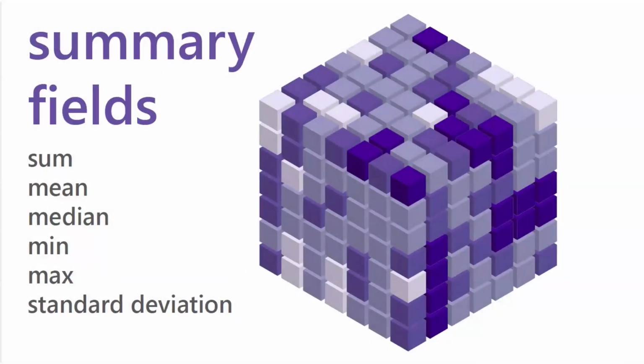Some of the summaries you can make using space-time cubes are you can sum up information together, you can come up with the average, the most likely occurring number of events, minimum, maximum values, as well as standard deviation. All of those are different ways you can summarize this information, depending on the kind of analysis you're doing.